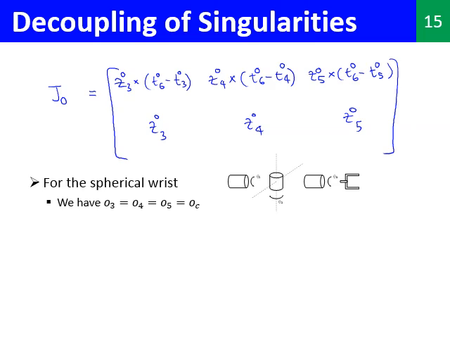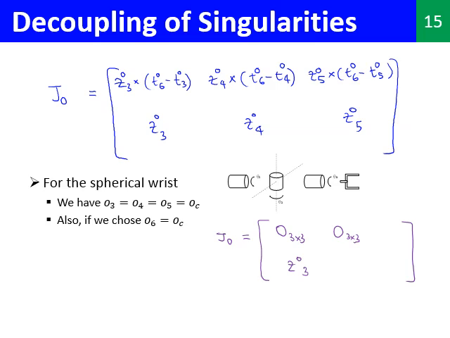Now all this discussion leads to some simplification where I'm going to place also o6 at the wrist center OC. Now if we do that, I can write JO as 0, z_3, and this will also become 0, z_4, and this will also become 0, and this is z_5.